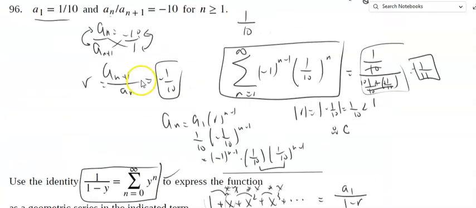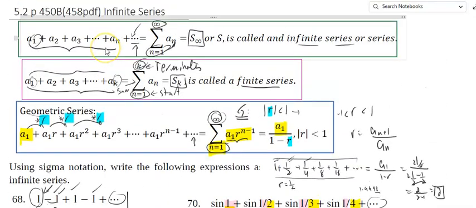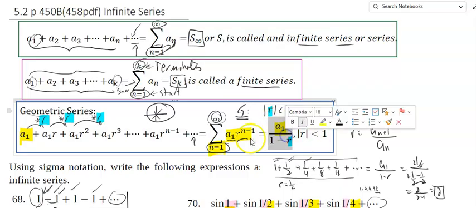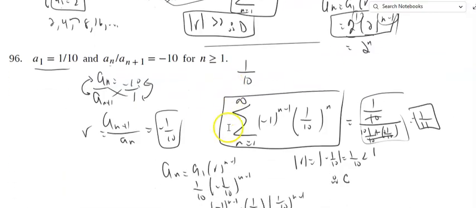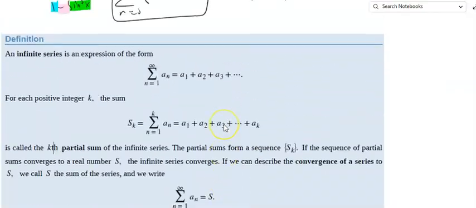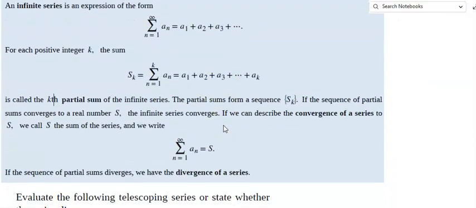And the first one we already talked about. Anytime they say find the sum, you check, is it geometric? If it's geometric, if the absolute value of r is less than 1, then the sum is right there. If it's not, you're going to try and use this theorem, and this theorem works on telescoping specifically.